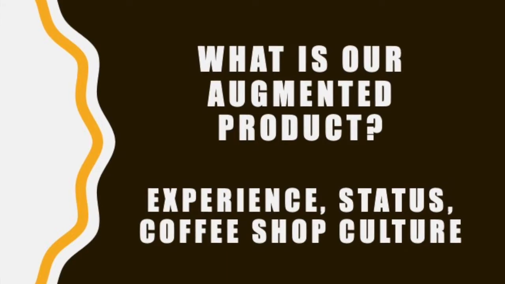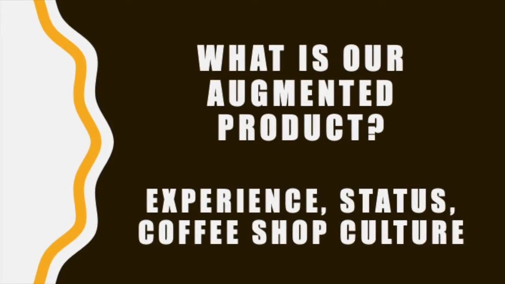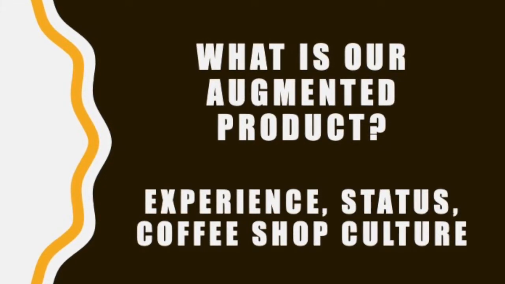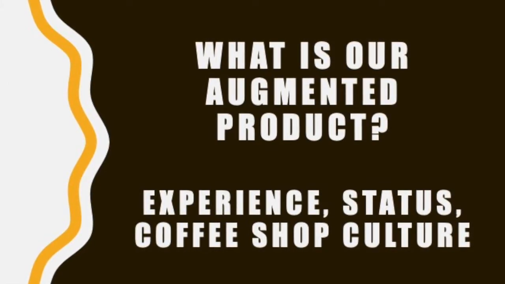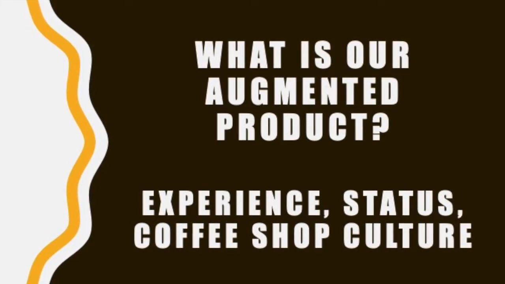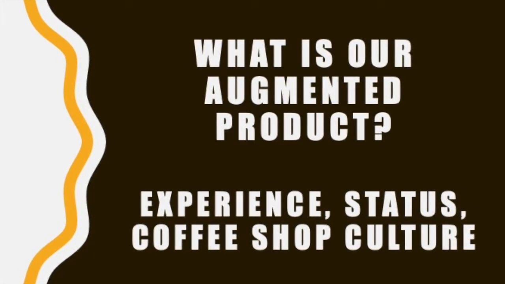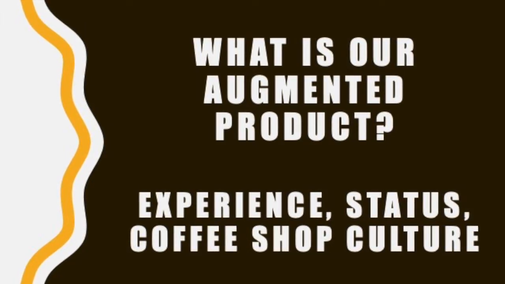You're purchasing the culture that comes with the store, the ambiance. You're also getting that status symbol that comes with the coffee cups. When people see that branded logo on your Starbucks coffee cup, they associate you with the brand that Starbucks has created. So it's really important to understand what your augmented product is when you're developing your marketing strategy.